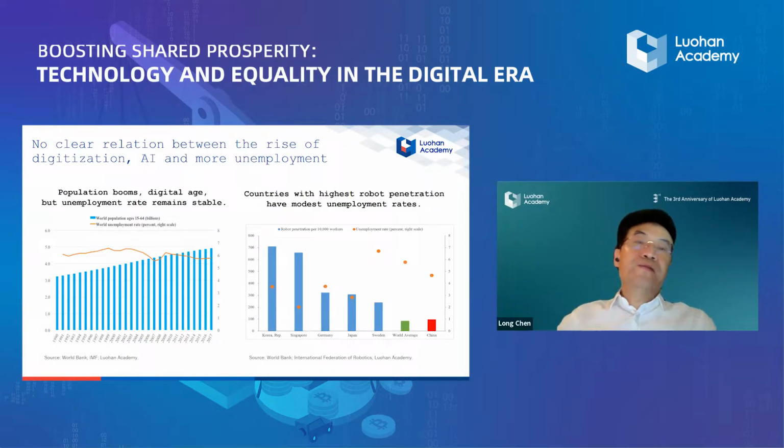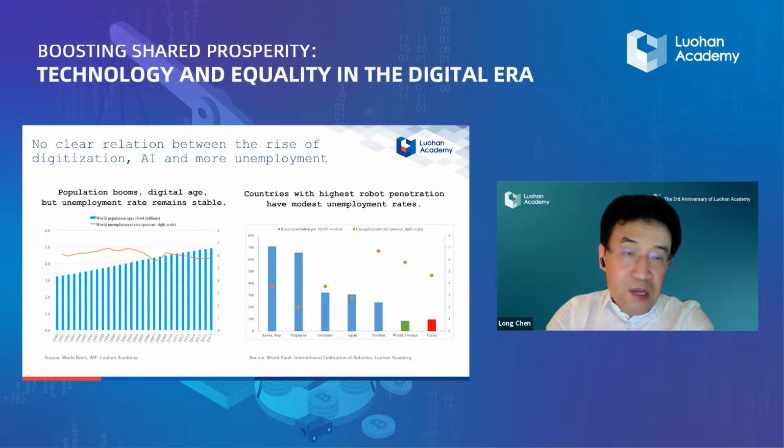Another thing is that there's no clear relation between the rise of digitization, AI, and unemployment. On the left-hand panel, starting from the 1990s and in the digital era up to now, even though the world population is increasing, the unemployment rate is steady globally.